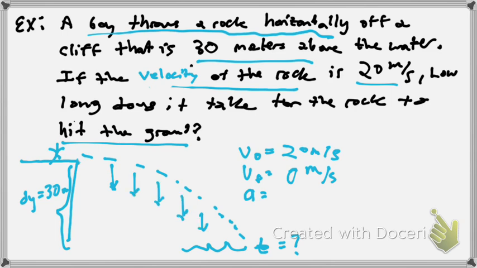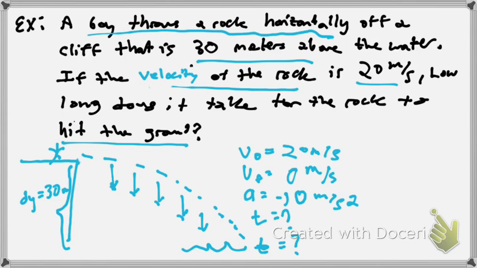So acceleration is negative 10 meters per second squared, because acceleration is a vector. And what are we looking for? We're looking for t.